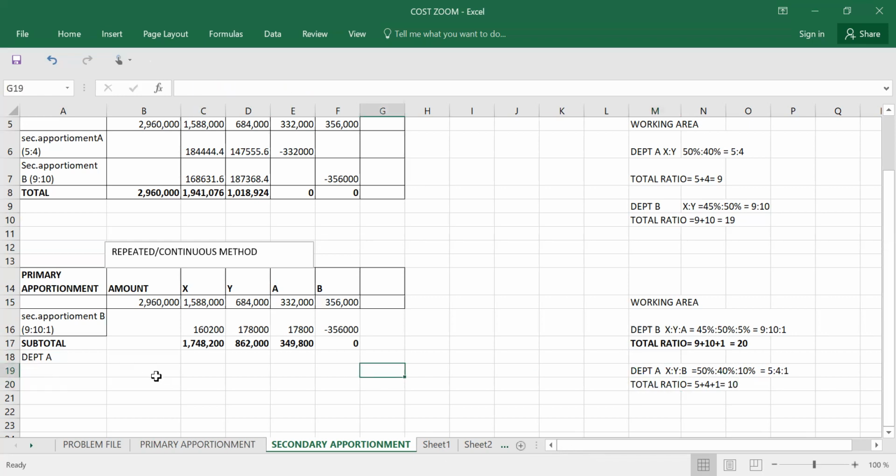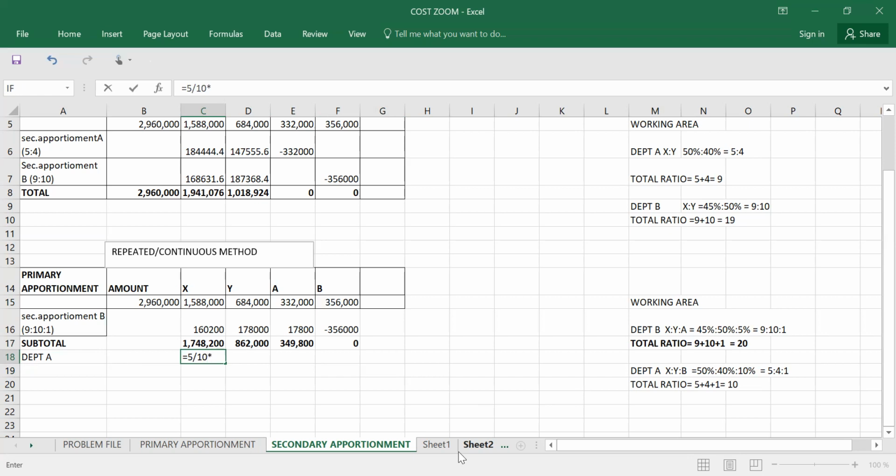Okay. Now we are here. We are now saying x is going to equal 5 divided by the total ratio, which is 10, times.